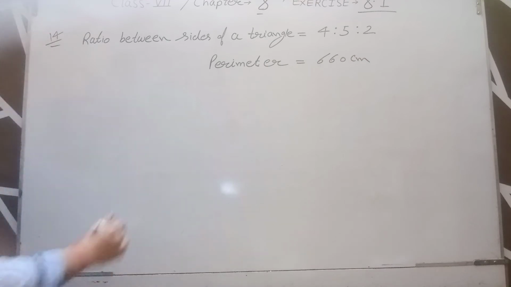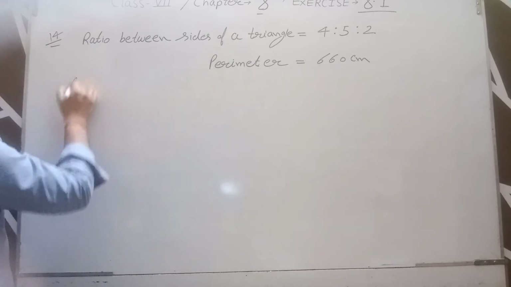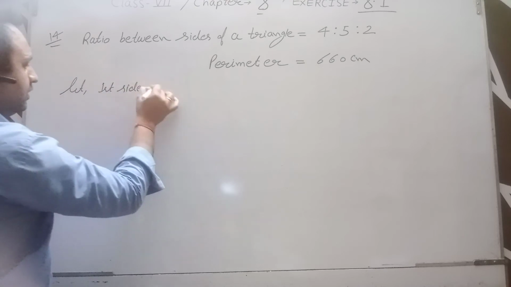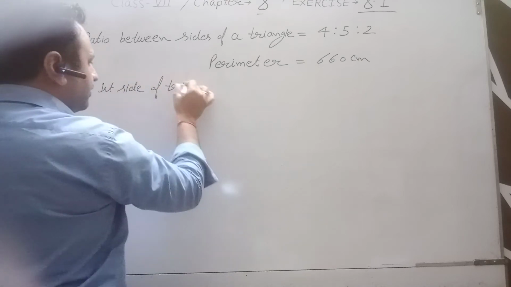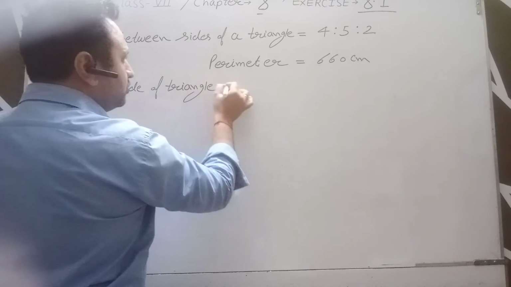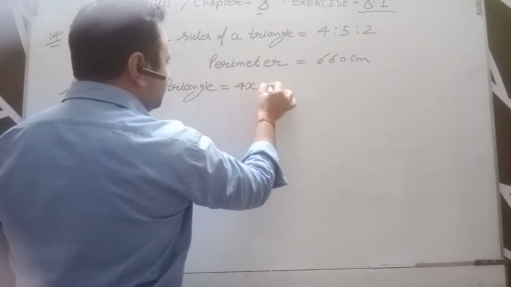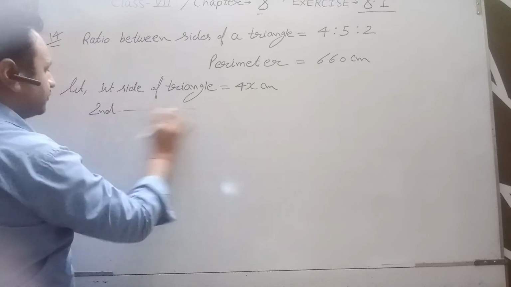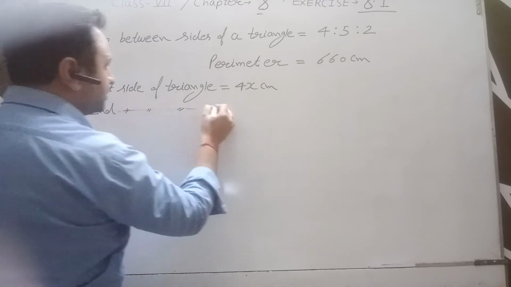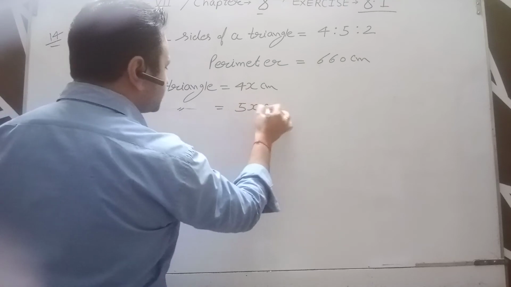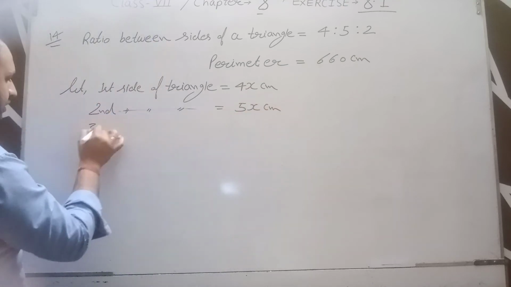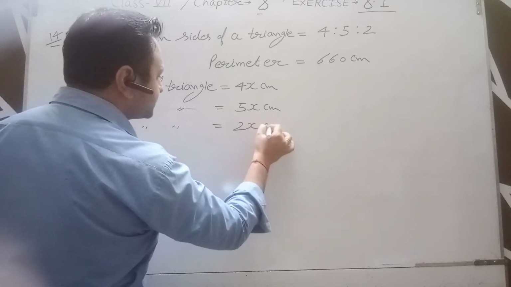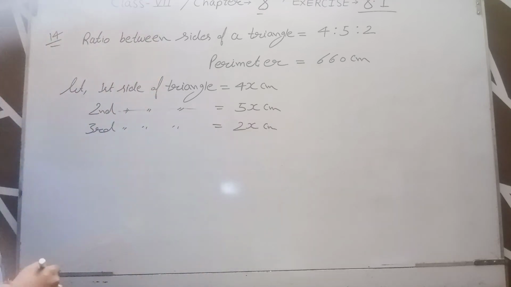So it's very easy. Firstly we suppose that the first side of the triangle is equal to 4x centimeter. Second side of the triangle is equal to 5x centimeter, and third side of the triangle is equal to 2x centimeter, and perimeter is given.